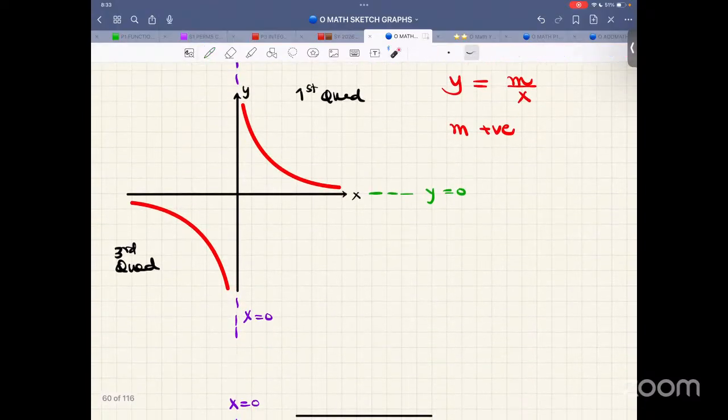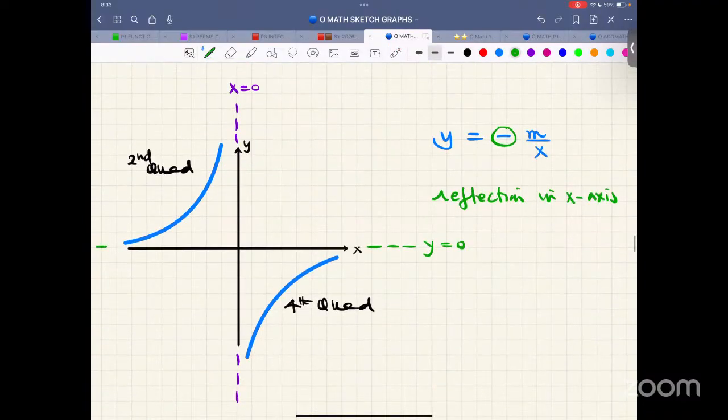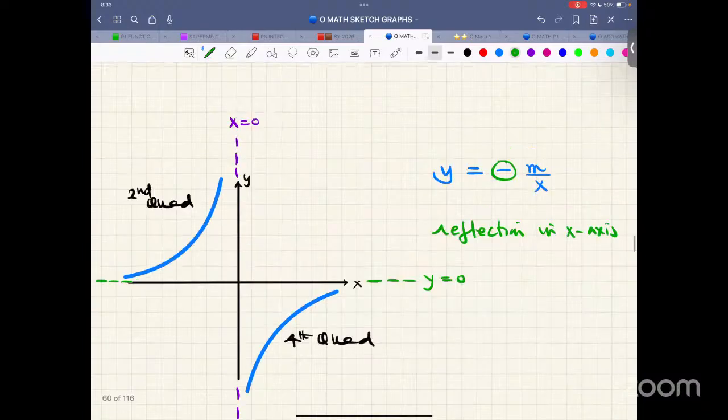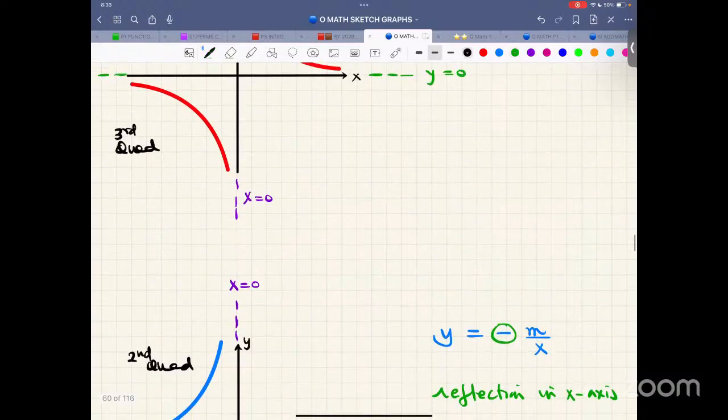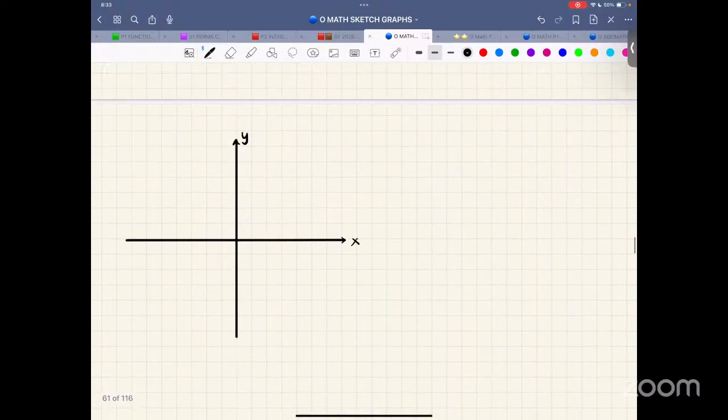It will be bounded by these two asymptotes. This part of the curve is bounded by these two asymptotes. You want to increase the green over here, perfectly good, no issue. So these graphs have no x-intercepts, they have no y-intercepts. That is the basic idea.